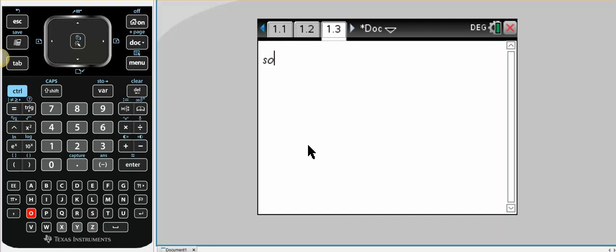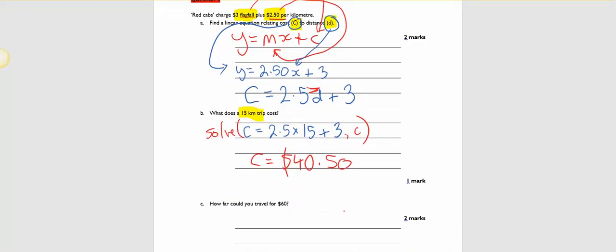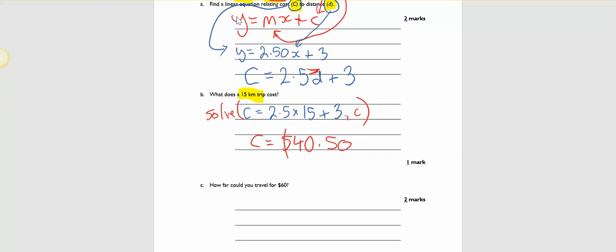So we'll go solve, C equals 2.5 times 15, 15 for D, plus 3, comma C, hit enter, and we see that the cost is 40.5, which of course means that the cost is going to be $40.50.